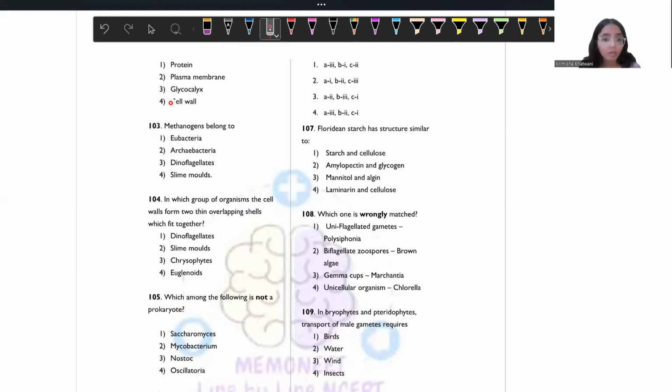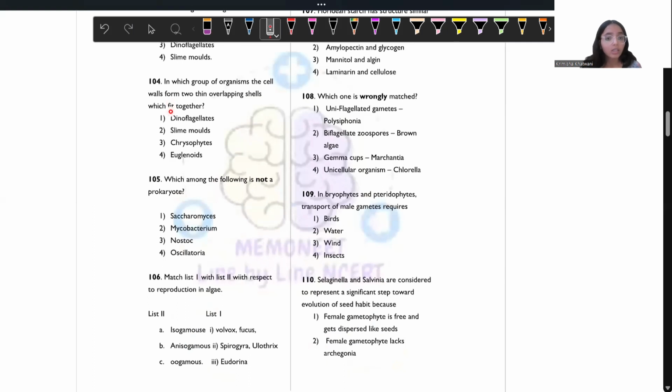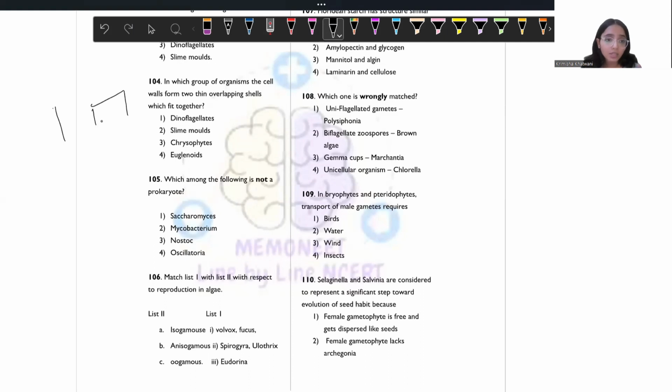Let us find the answer to question number 4. The question says, in which group of organism the cell walls form two thin overlapping shells which fit together? The answer is chrysophytes, because chrysophytes come under Protista. Their characteristic feature is a cell wall made up of silica.